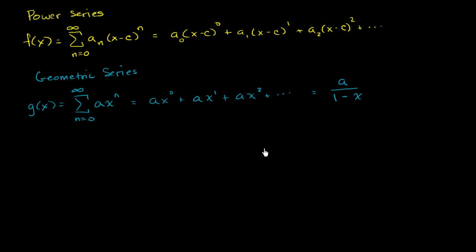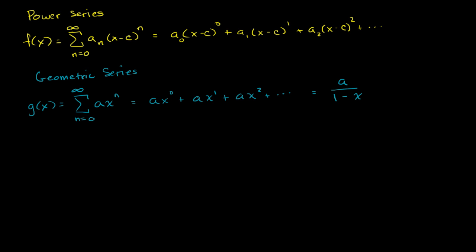What's interesting about this is instead of going from the geometric series expanded form to what the sum needs to be, we can use this to go the other way. If we can get some functions into this form, we can then expand them out as geometric series, or essentially we will find their power series representation, because a geometric series is a special case of a power series.